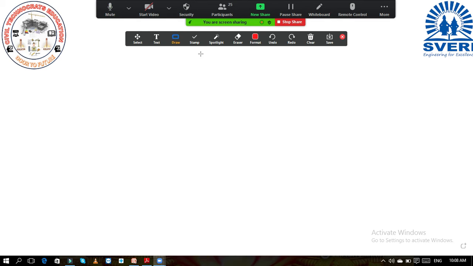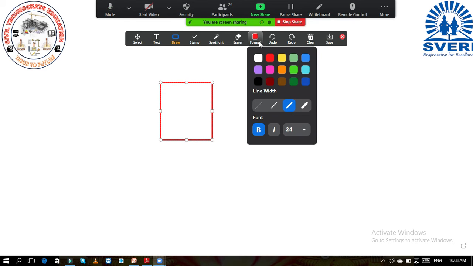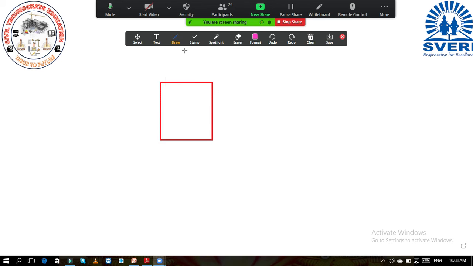Suppose this is our beam, and suppose these are the stirrups which are provided. If I draw the reinforcement, normally we provide reinforcement like this: at the bottom we provide the bars.